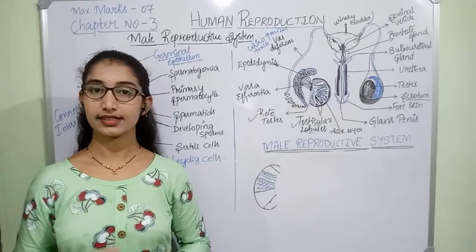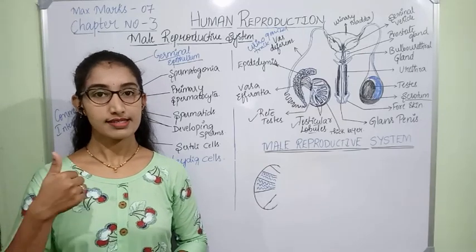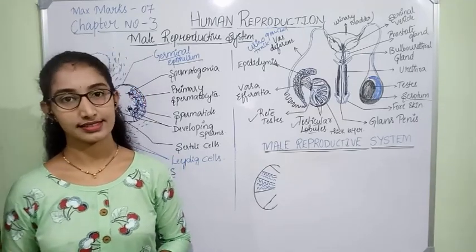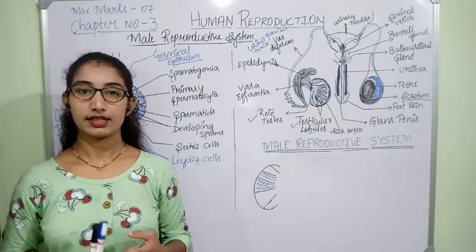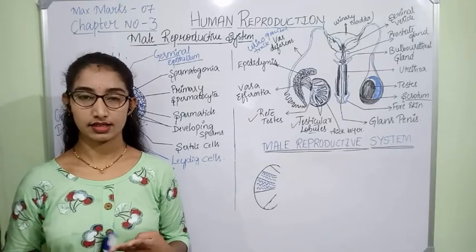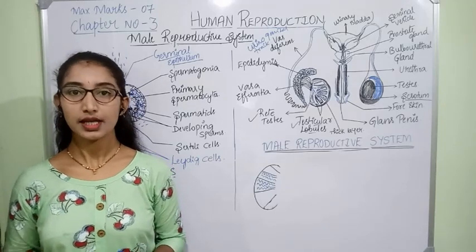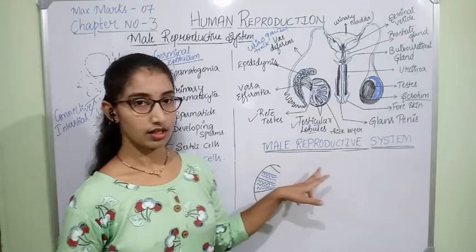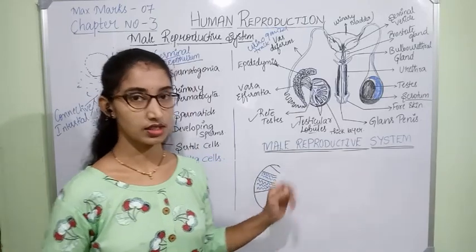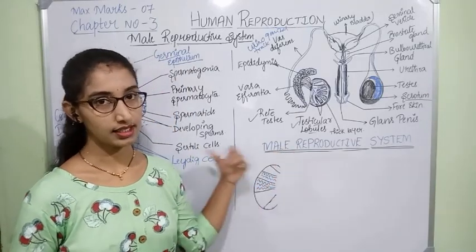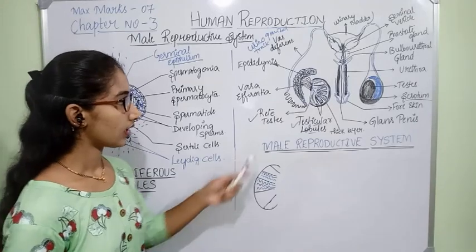Those accessory organs are the ducts, the different glands and the external genitalia, that is, the penis. We shall recall the structure because that helps us to study the next concept.